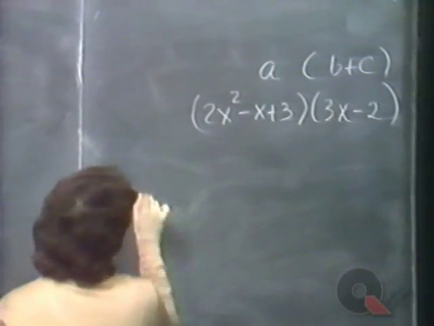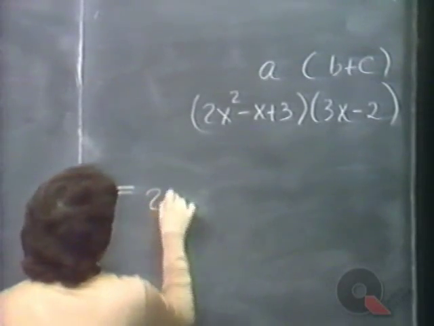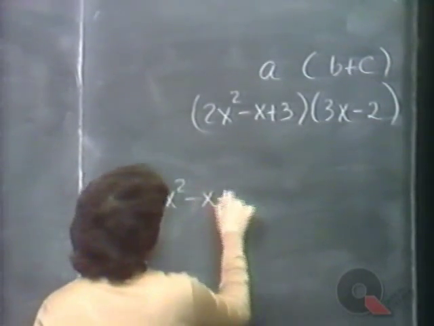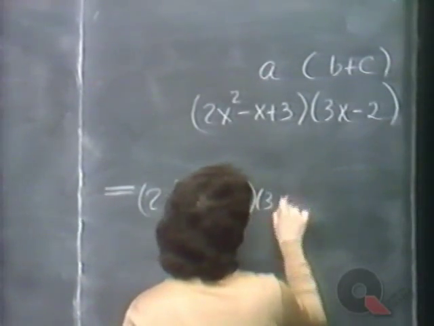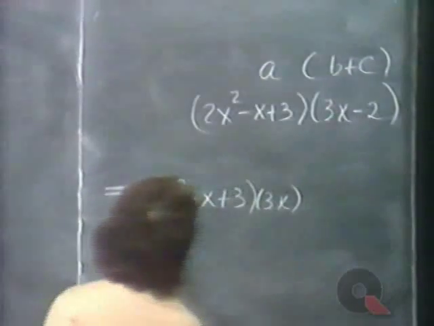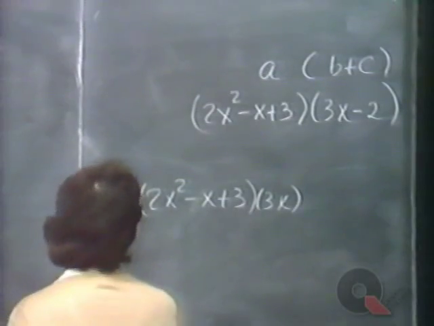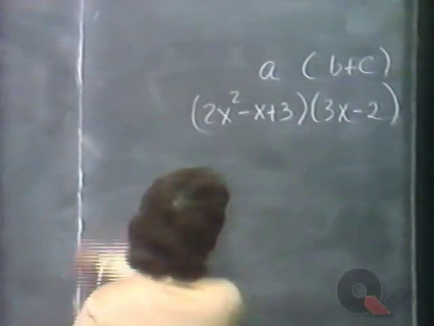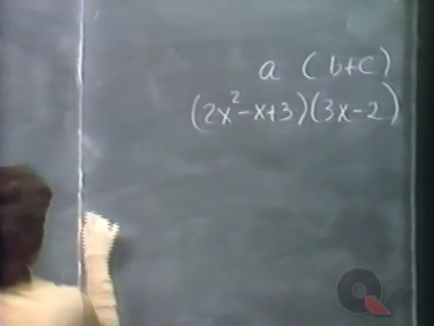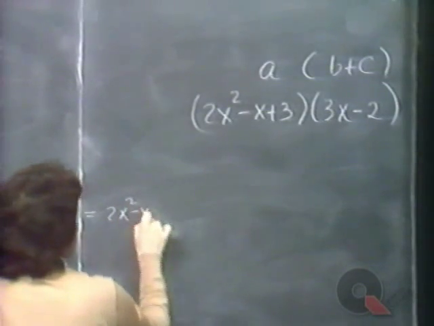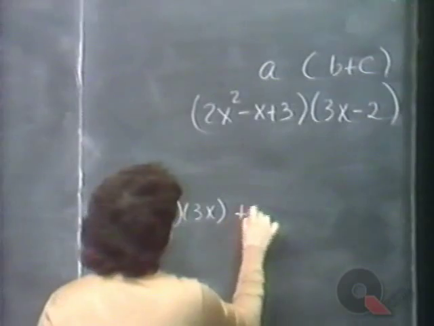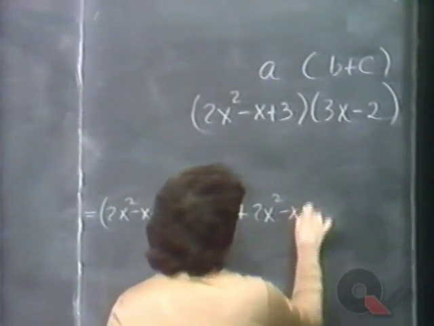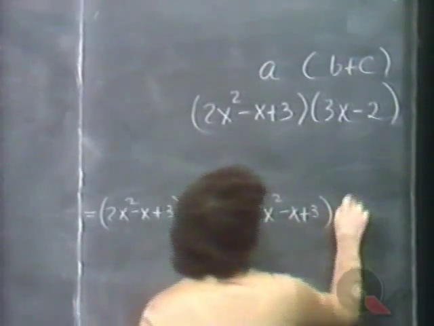This will give us 2x squared minus x plus 3 times 3x, plus 2x squared minus x plus 3 times minus 2.